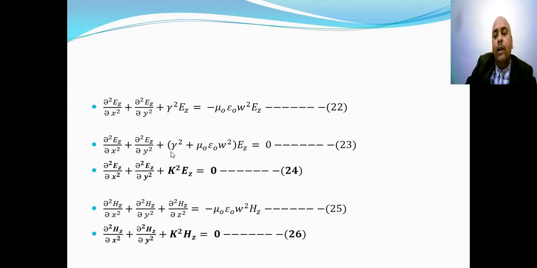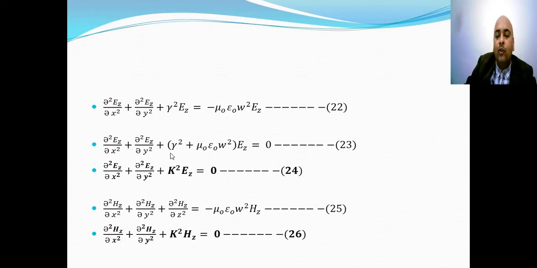gamma square plus mu0 epsilon0 omega square into Ez is equal to 0. We have already assumed that this factor is a constant, which we have written as k square, because here gamma, the propagation constant, will be the same, mu0 will be constant, epsilon0 will be constant, and for a particular frequency omega will be constant, that is they are neither changing with time nor changing with space.